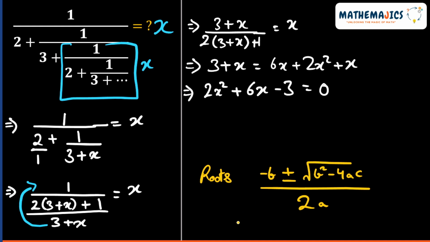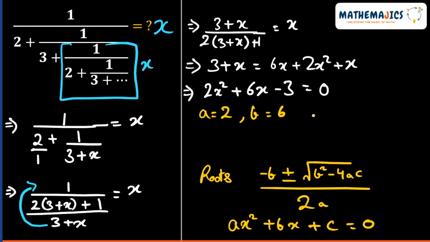See, the general quadratic equation is a x square plus bx plus c is equals to 0. So a is the coefficient of x square, b is the coefficient of x, and c is the constant term. So here a is 2, b is 6, and c is negative 3.